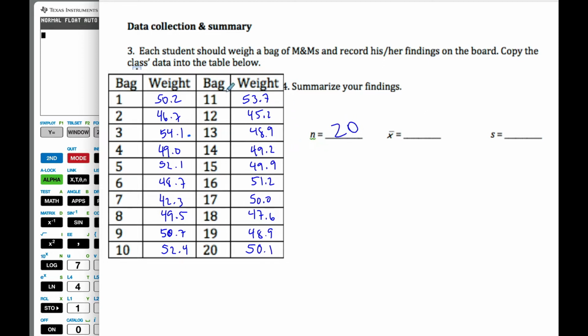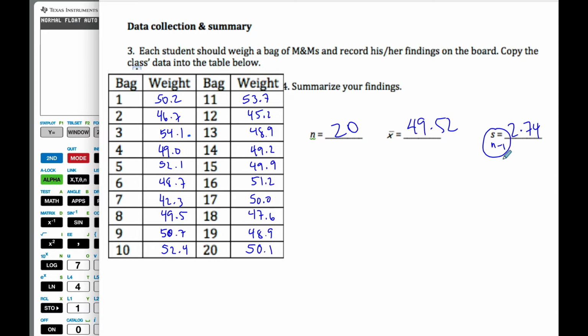The mean weight of all 20 of these bags is 49.52. And the unbiased standard deviation is 2.74.